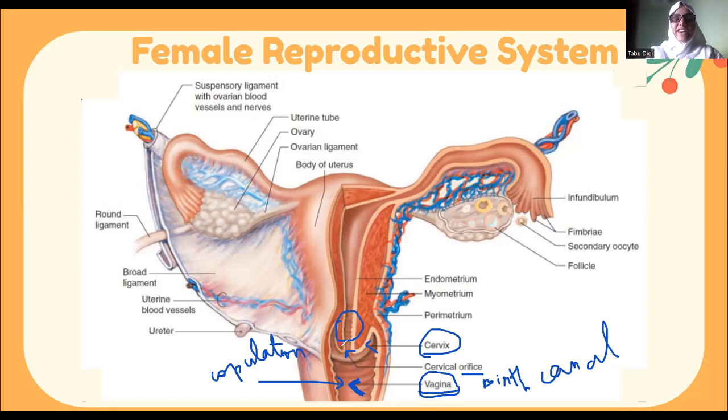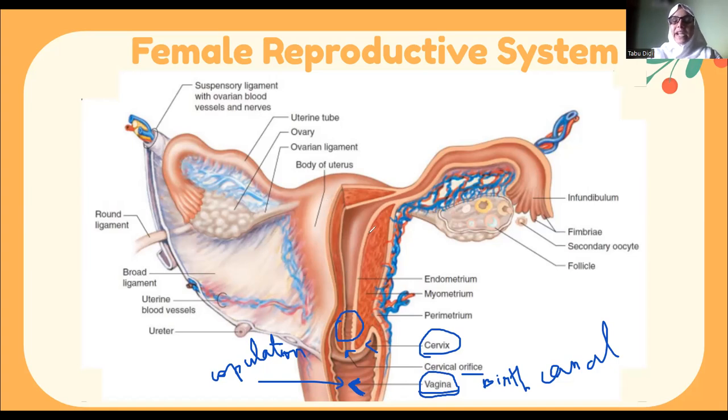Basically, the cervix is a border or a divider which is present between this structure, which we call the uterus, and the vagina. So it's the middle part, the barrier or the divider which is present in between. So this is the cervix.